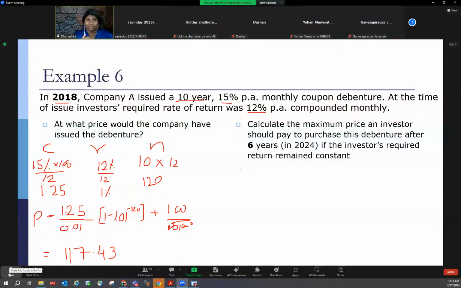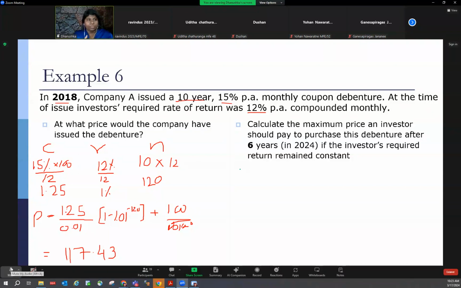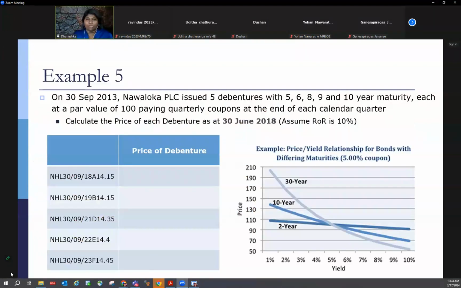It is not. So good question. It is not. Johan, yes. N is correct. So earlier, I think the question stems from the fact that in my first question, remember we said if there was no change in interest rates, in 2013, at the time of issue, all these prices were 100.